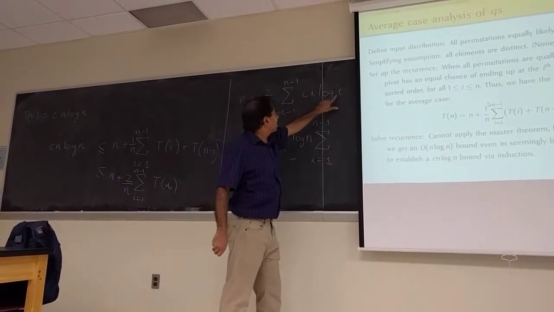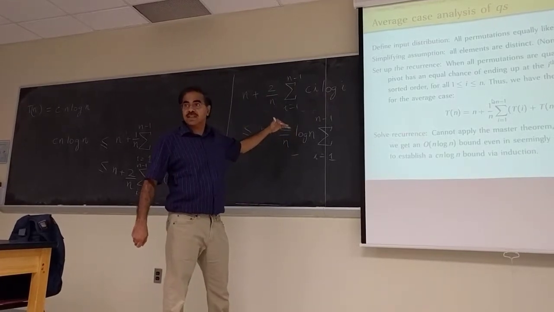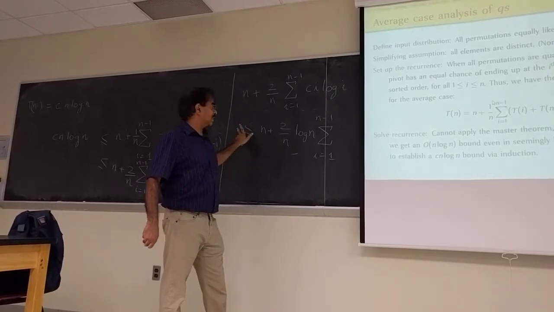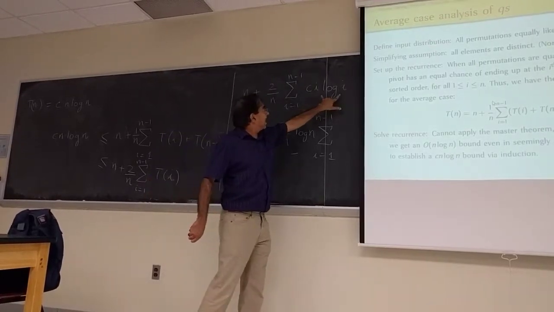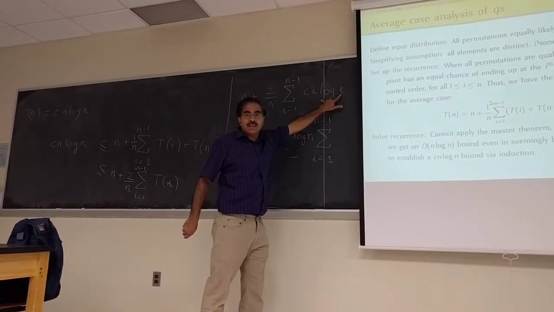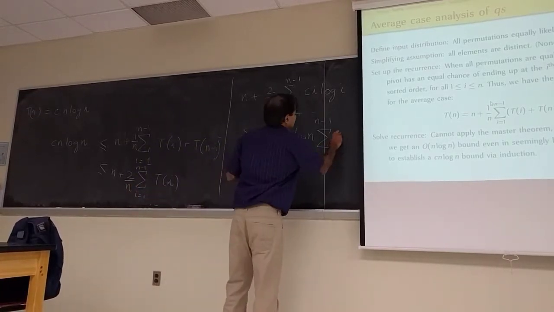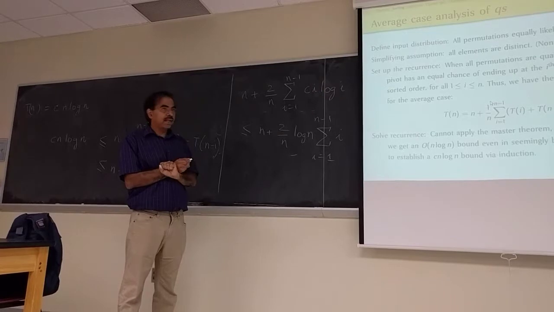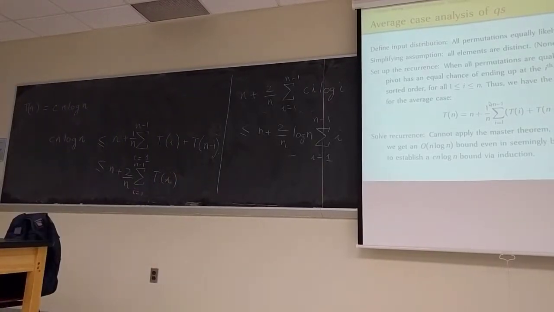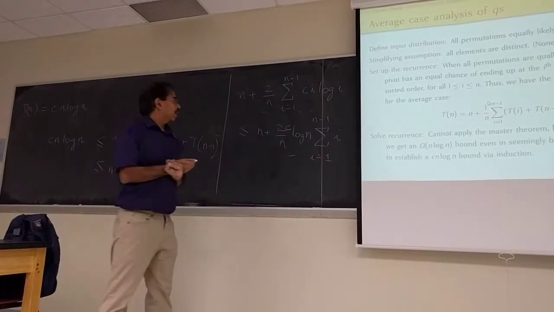So if I replace log i with log n, I will get a summation that's strictly greater. So I can actually say less than, but let's keep it that way. Once I replace it by log n, it's no longer dependent on i, so I can move it outside the summation. So now I have a simple summation, and log n has come outside. There should be a C too, the 2C log n. So 2c log n.